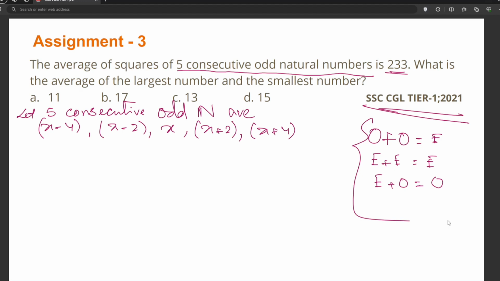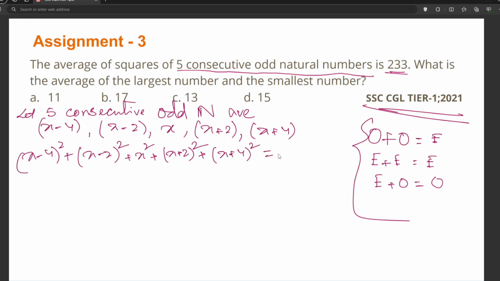write consecutive odd numbers. Now the question is the average of square of 5 consecutive odd numbers. So average, that means we write the square of those numbers. So x minus 4 whole square plus x minus 2 whole square plus x square plus x plus 2 whole square plus x plus 4 whole square, and this is equal to 5 into 233.